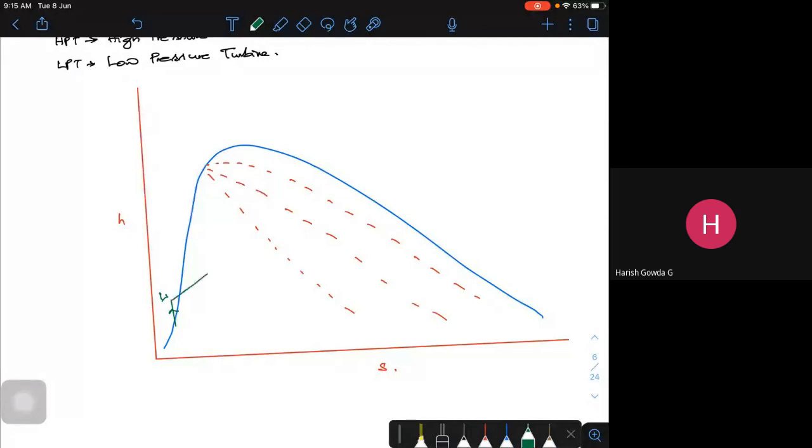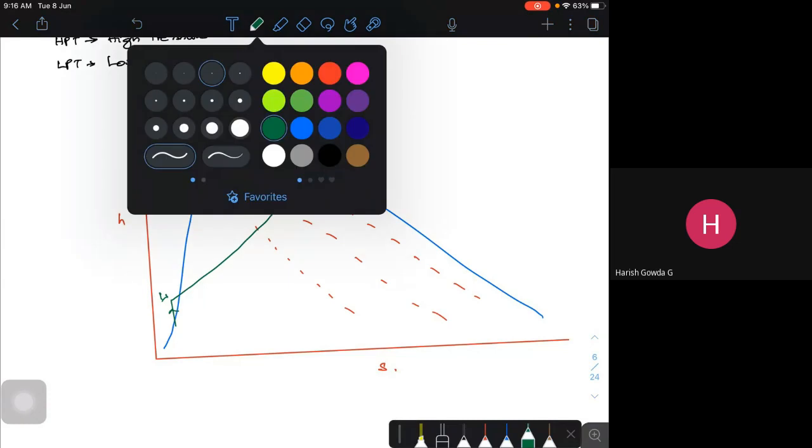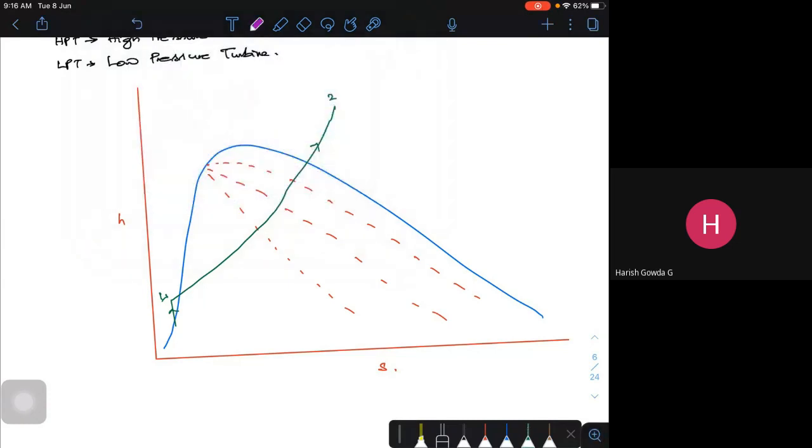The boiler heat addition will do this particular thing, usually going to a particular point, that is your 2. If I draw a constant temperature line in the superheated condition, it will be like this. This is my superheated temperature T2.